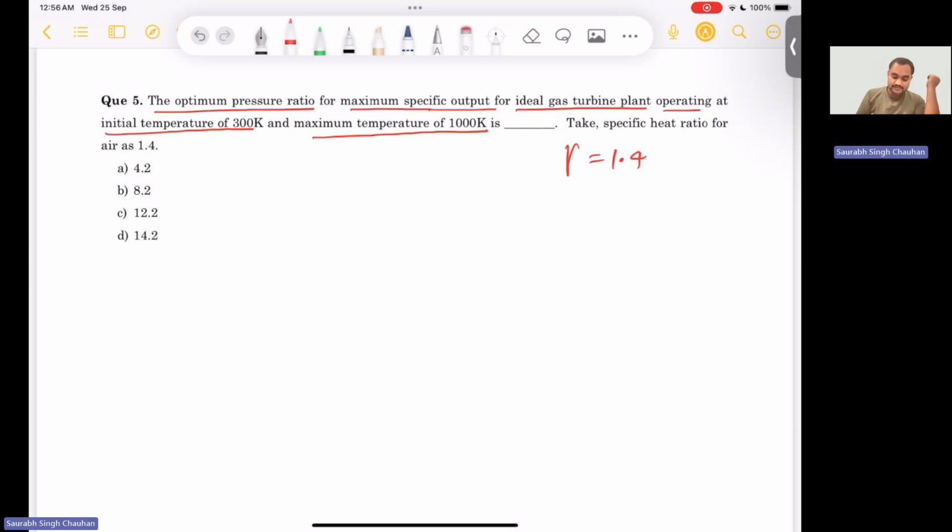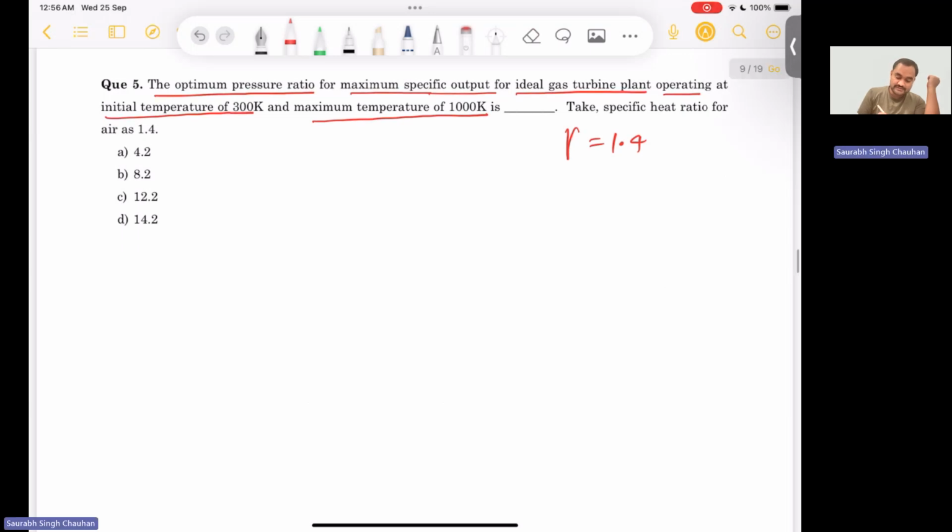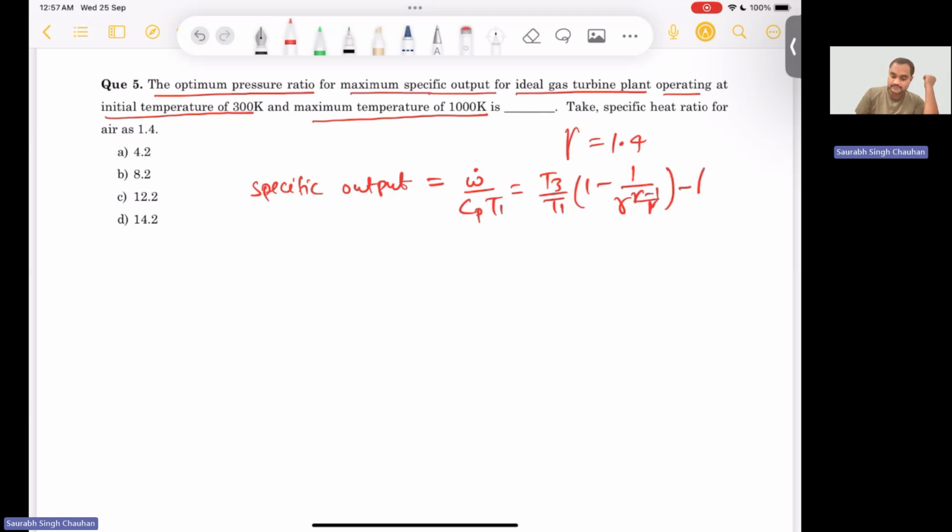In some previous question, we have discussed the formula for specific output, right? Specific output in non-dimensional form was this formula: R to the power minus 1 by gamma minus R to the power gamma.